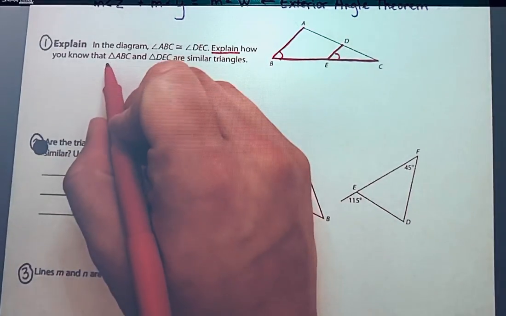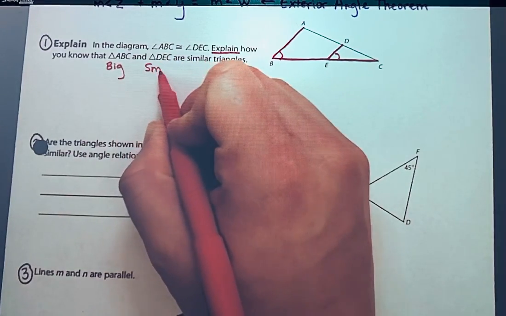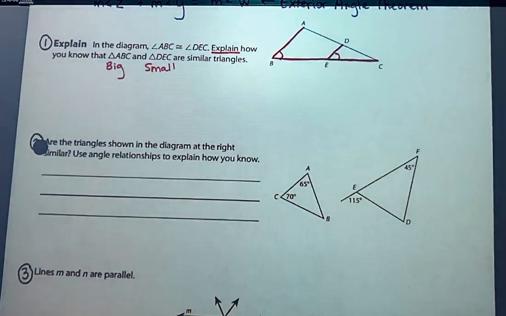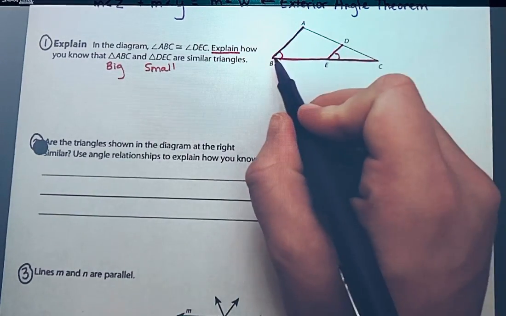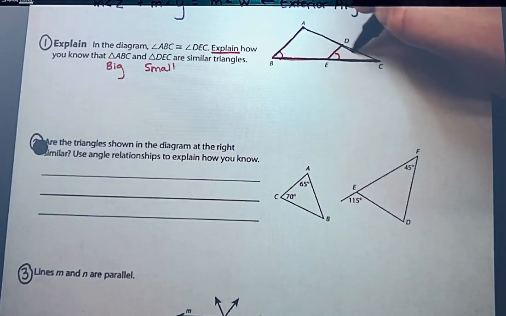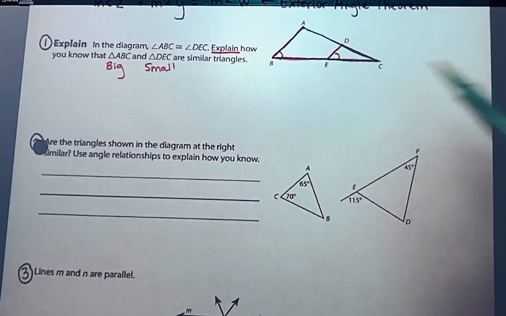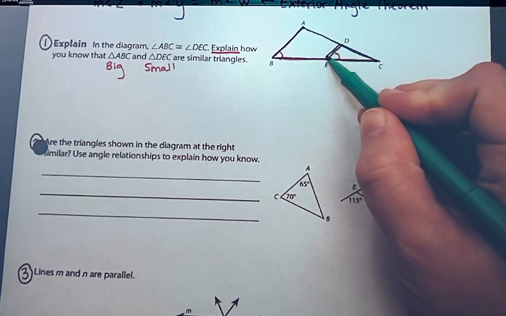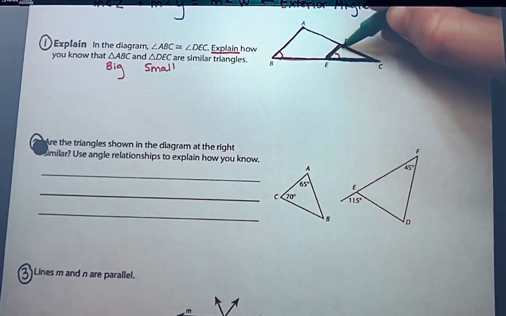So this triangle is the big triangle. This triangle is the small triangle. How do I know that? I'm going to trace ABC here, here, and here, and DEC from D to E to C and back to D again.